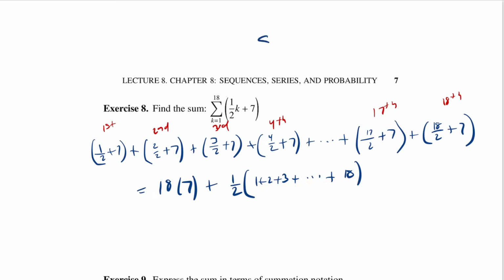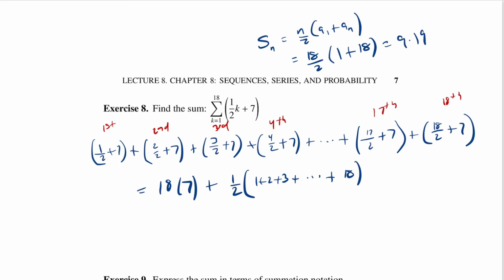So we have 18 divided by 2, which is 9, times 19, which is 171. All right, so now we have 18 times 7, which is 126 plus 1/2 times 171 is what we got up here. That's the sum of the first 18 terms.